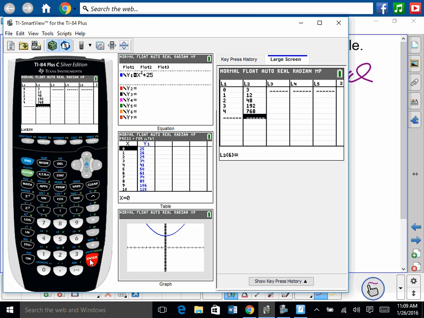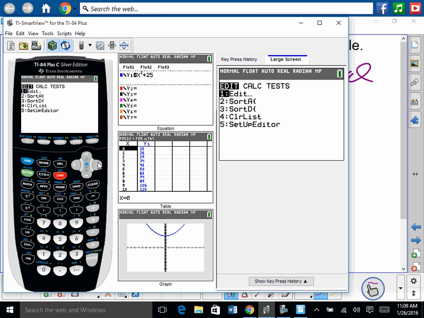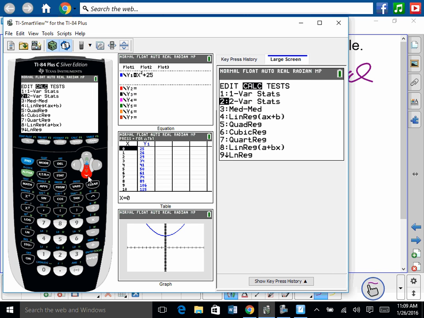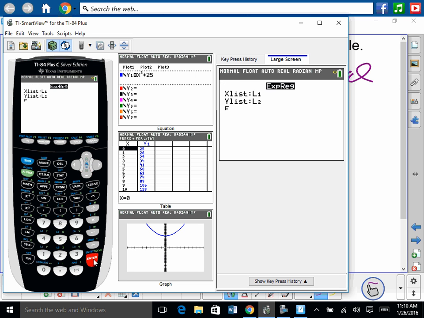Okay, so now this time you're going to go stat over to calculate and down to exponential regression line. So it's kind of far down there. Everybody's calculator is a little different. So exponential regression line. I hit enter, enter, enter, enter, enter.